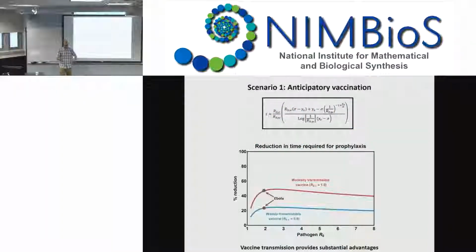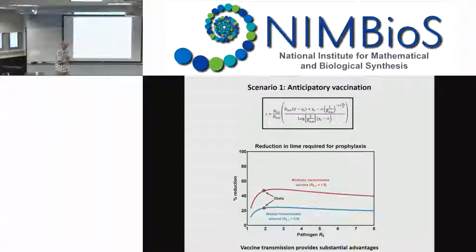So what we wanted to do then is say, okay, well, what would vaccine transmission accomplish? Would it facilitate our ability to vaccinate the population in time? And to do that, we developed a perturbation approximation for the time required to protect the population.